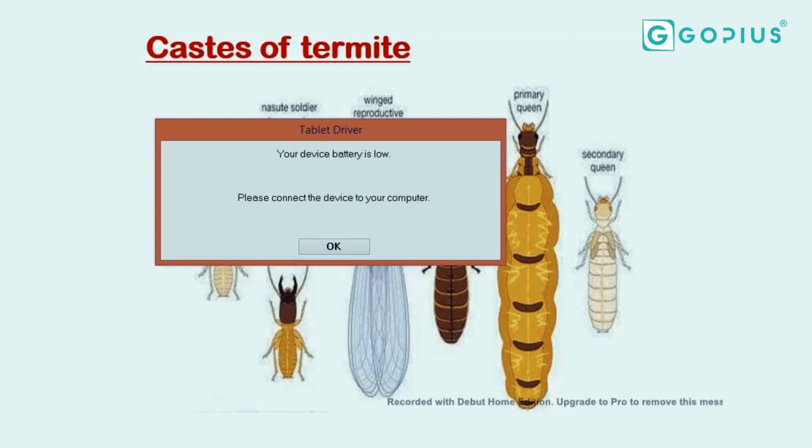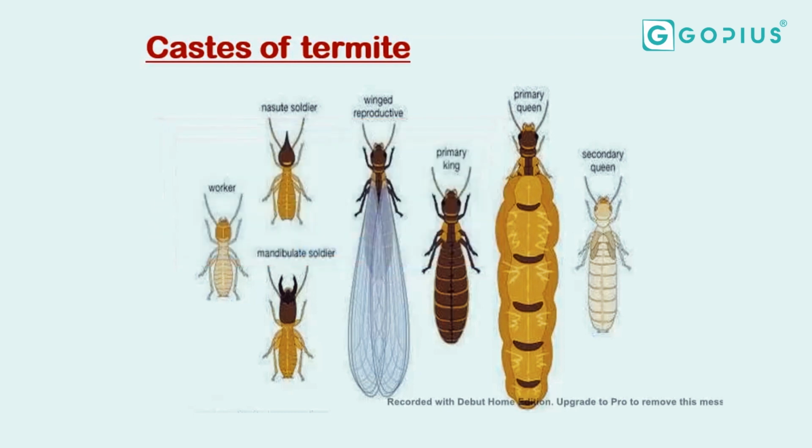And this 30,000 eggs per day, if you multiply it by 365 days, you're going to have 10,950,000 eggs per year. The lifespan of a termite is 15 years. If you now multiply it by 15 years, you're going to have 164,250,000 eggs for its entire lifespan.